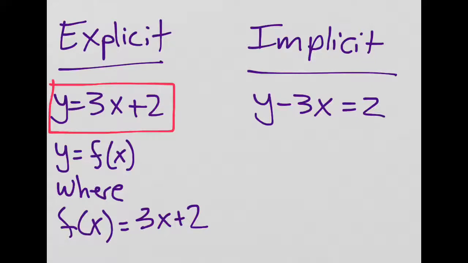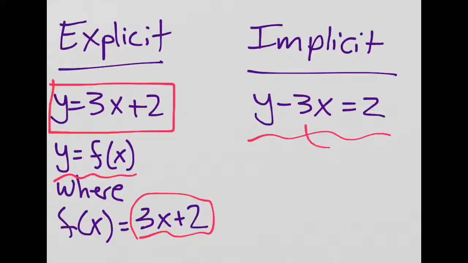Y is a function of x. And so we could even think of it as y equals some f of x function, where f of x is that 3x plus 2. Now, I could write the same exact relation there, that y equals 3x plus 2. I could write that as an implicitly defined function. Notice it's the same thing.